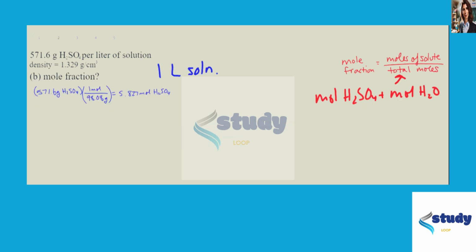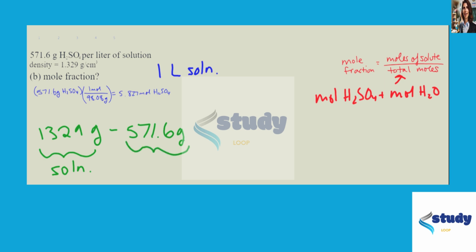So if I have 1,329 grams of solution, and I subtract the 571.6 grams of H2SO4, that difference is going to be equal to the number of grams of water. So that's 757.4 grams of water.